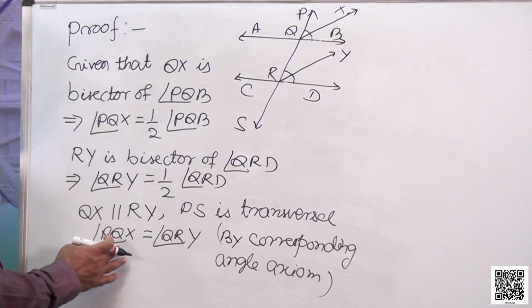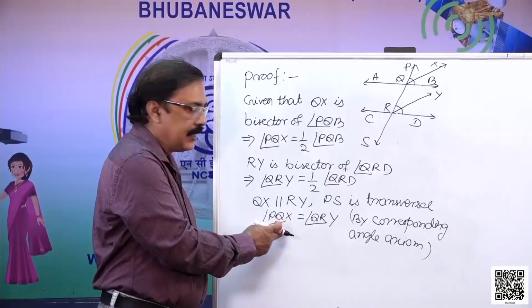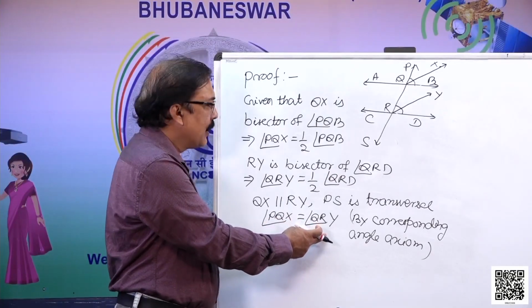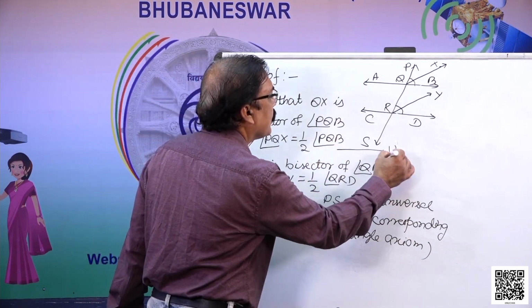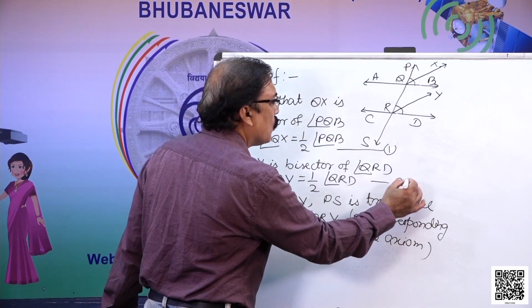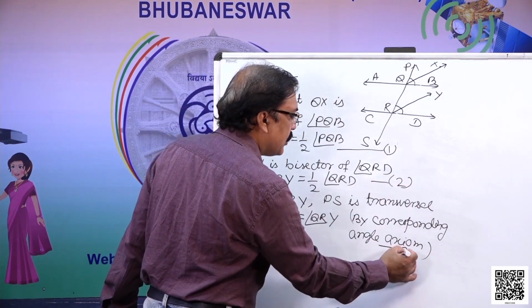So up to this we get that PQX is equal to QRY. Now you see, this is our equation 1, this is our equation 2, and this is equation 3.